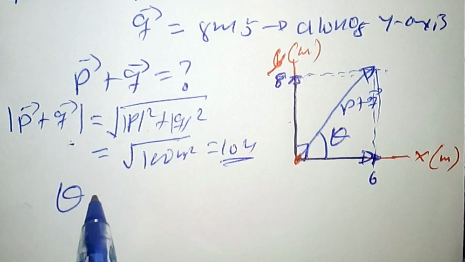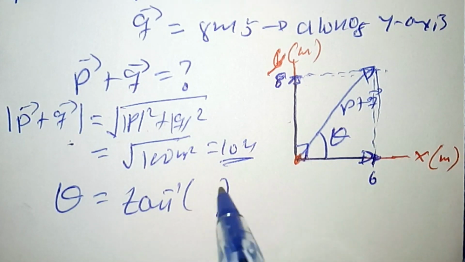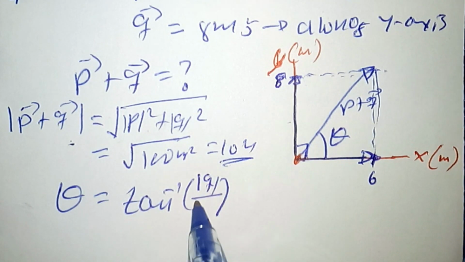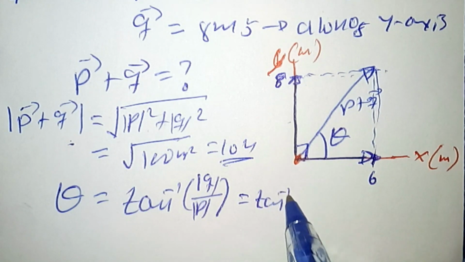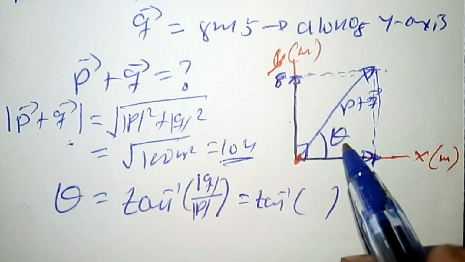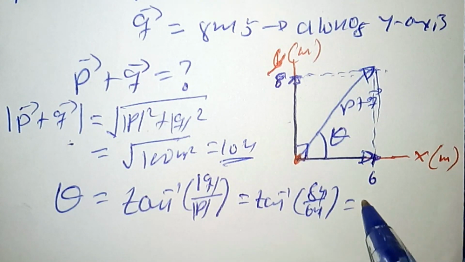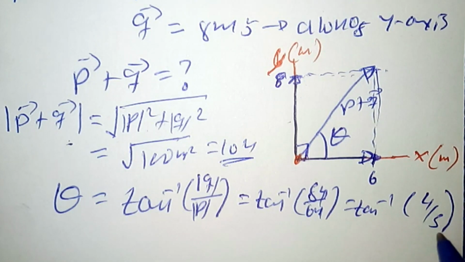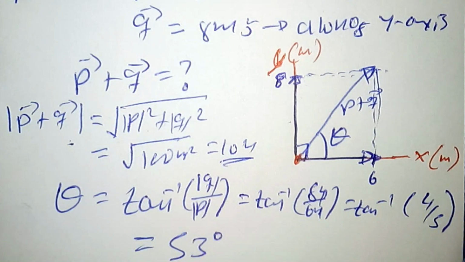So theta can be calculated as tan inverse of the magnitude of vector Q divided by the magnitude of vector P, which is tan inverse of 8 meter over 6 meter, which gives us tan inverse of 4 over 3. So tan inverse of 4 over 3 is exactly 53 degrees.